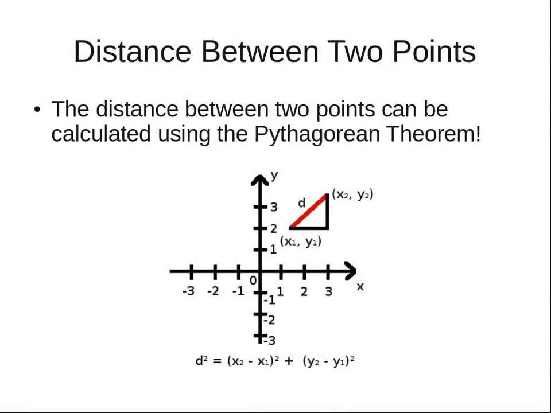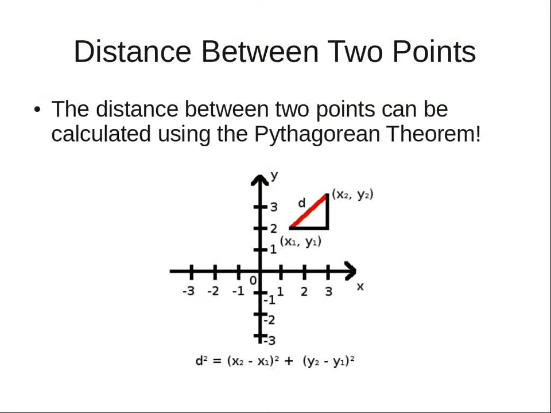Distance between 2 points. The distance between 2 points in coordinate geometry can be calculated using the Pythagorean theorem. All right? Let me show you how to do that. So in the diagram, I have 2 points with the x and y values (x1, y1) and (x2, y2). All right.